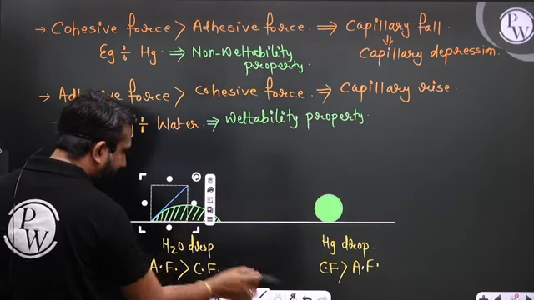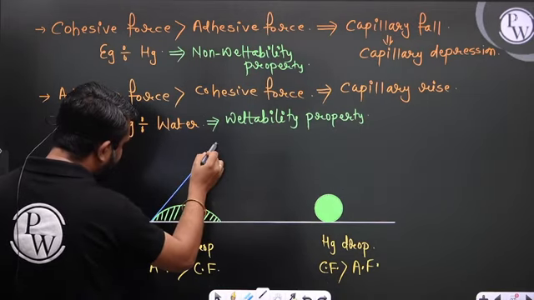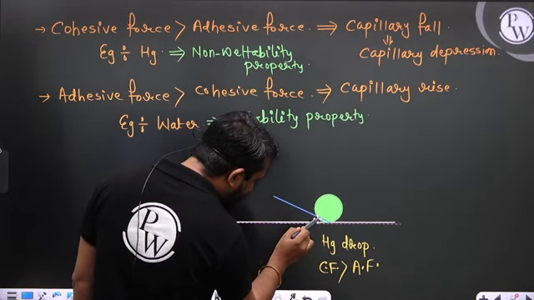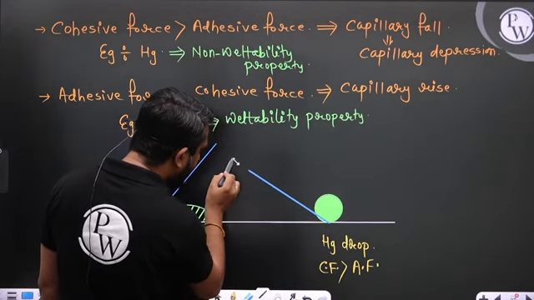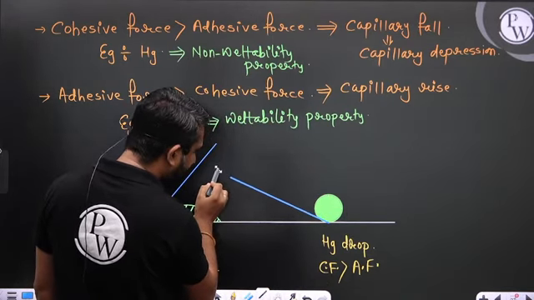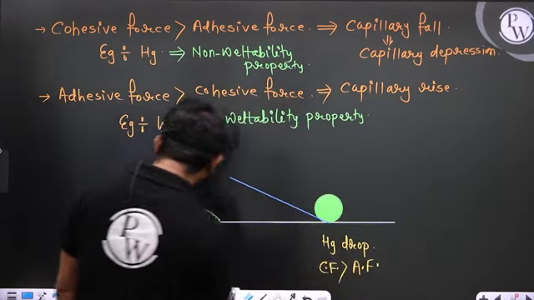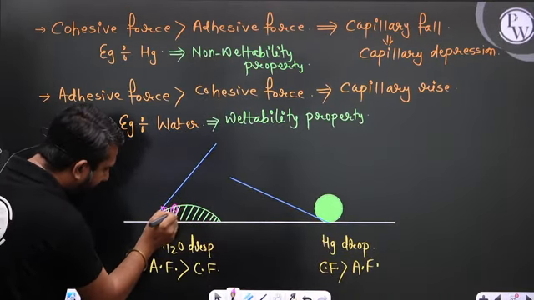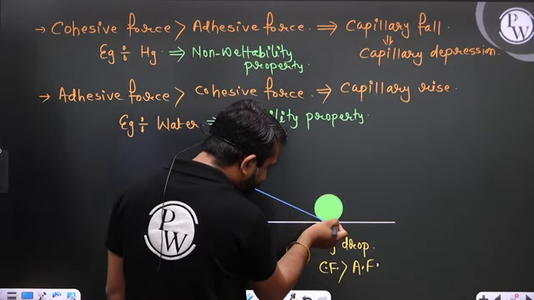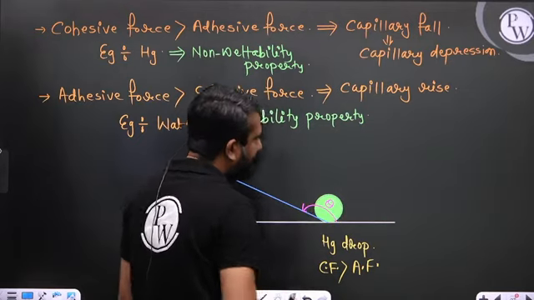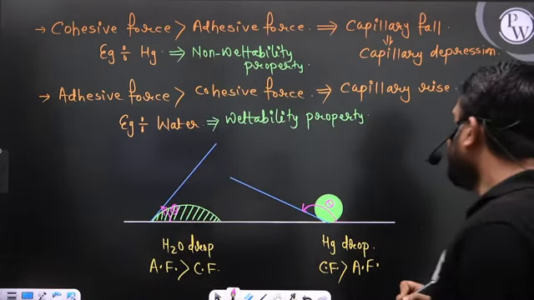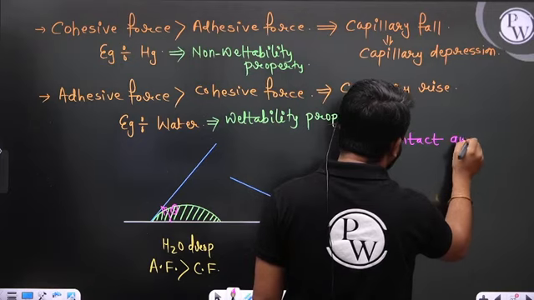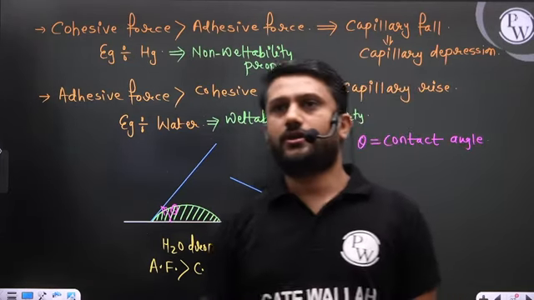If you draw a tangent from the point of contact like this, then this angle from the surface, in an anti-clockwise direction, is theta, and that angle theta is called the contact angle.